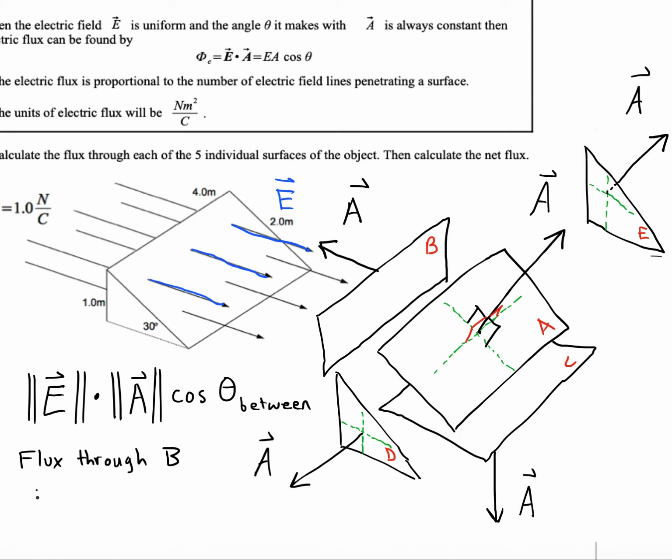The symbol for flux is the Greek letter capital omega, with a subscript E for electric flux.